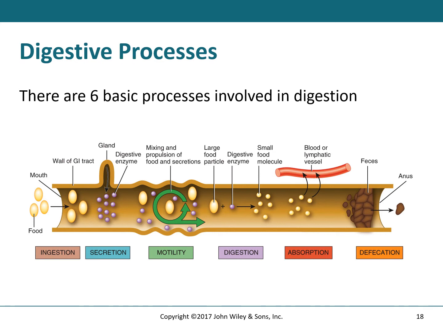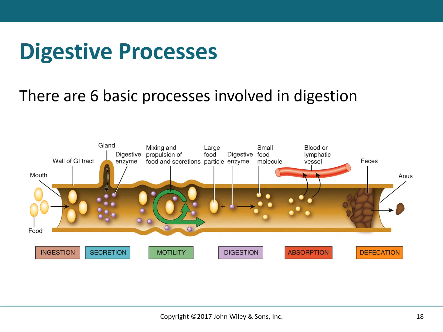Digestion itself is taking those larger food particles and using digestive enzymes to break them down into smaller food molecules. Absorption is going to be bringing the smaller food molecules across the wall of the GI tract into blood or lymphatic vessels. And finally, defecation, which is going to be eliminating the waste and the things that aren't digested via the anus.